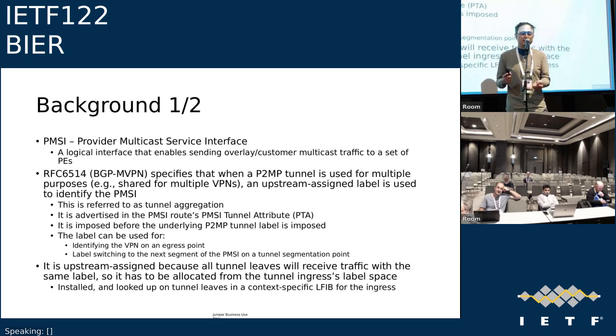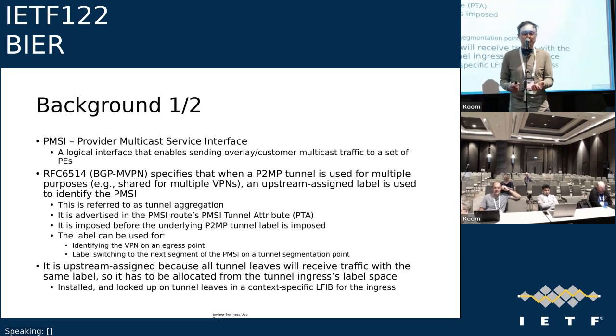Now, why does the label need to be upstream assigned? That's because when you do the P2MP tunnel, the ingress sends in one copy, and that copy is received by all the tunnel leaves. So all the tunnel leaves will get the same label, and that same label is allocated by the ingress.